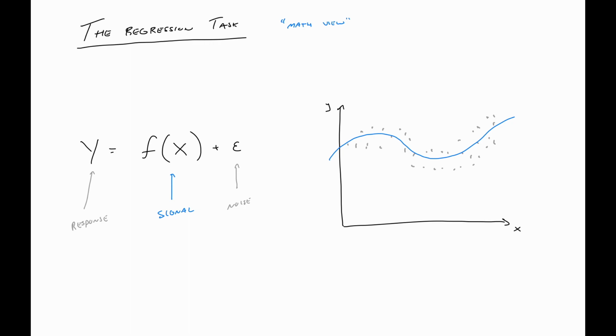And the signal we write as f of x to say that it's some function of the input variable, and then we add some noise to that, and that's the y data that we see.